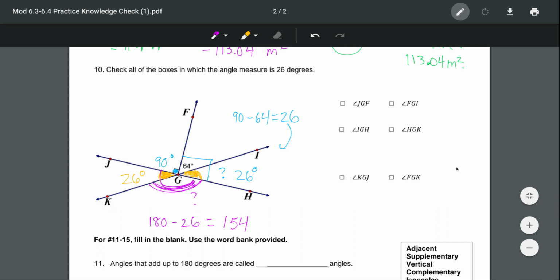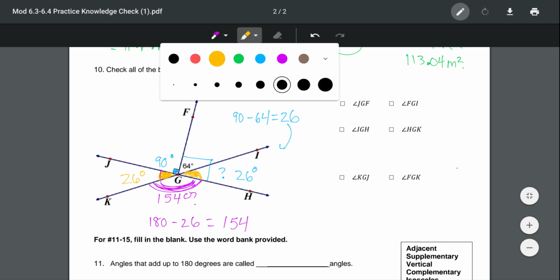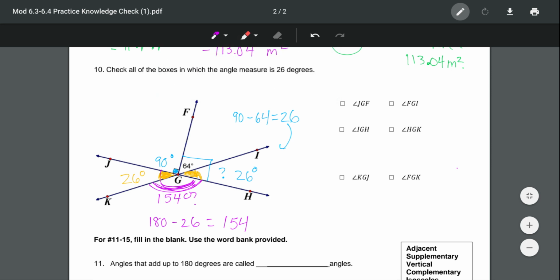You get 154, so KGH would be 154 degrees. Another way is to notice that angles JGF and FGI together would be vertical to KGH. So you could also take 90 plus 64, and that equals 154. That's another way to figure out KGH.